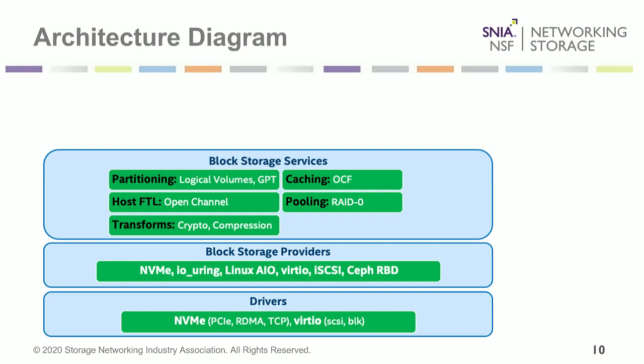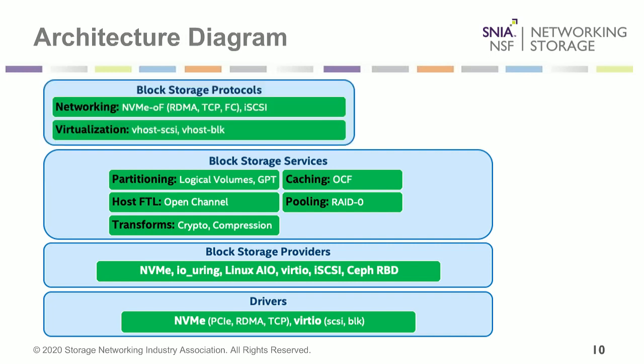We have support for things like transforms like crypto and compression, where you can use either optimized software libraries like ISA-L, or you can offload the crypto and compression algorithms to accelerators such as Intel QuickAssist. There's support in upstream SPDK for doing caching through the Open CAS framework. And there's also some basic RAID 0 striping functionality as well.